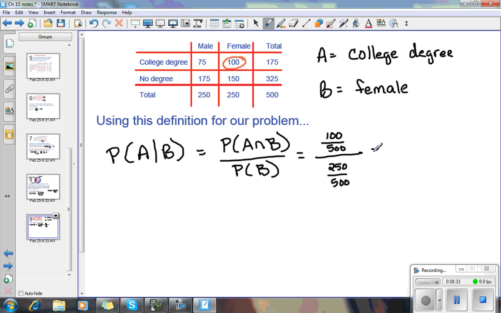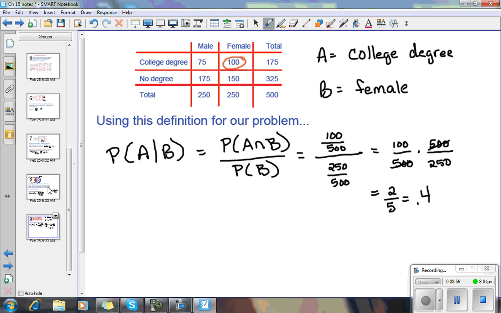And of course, you all know that when you divide by a fraction, it's the same thing as multiplying by the reciprocal. Those cancel. We get 10 over 25, which reduces to 2/5, which is 0.4.